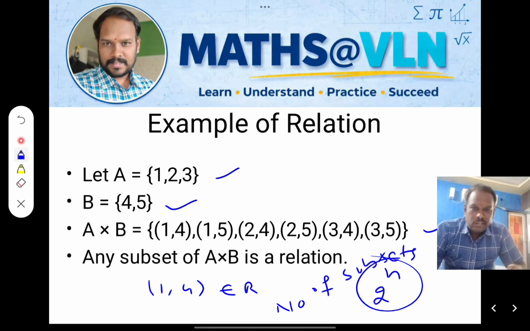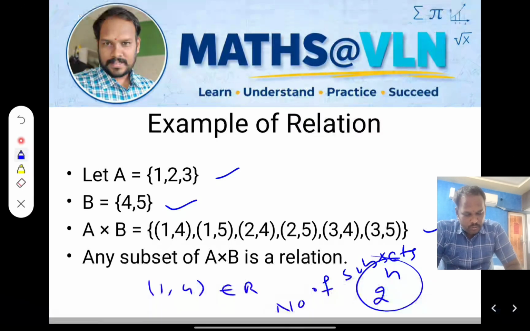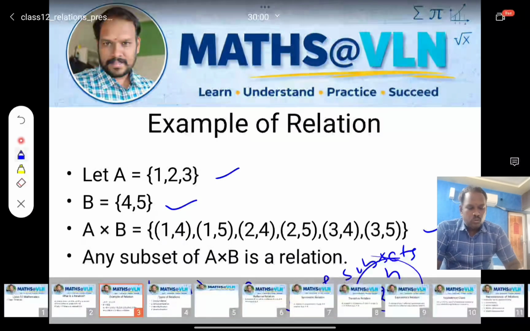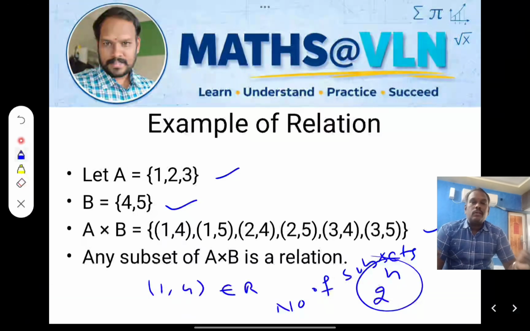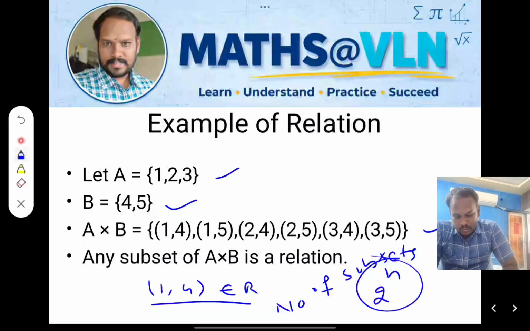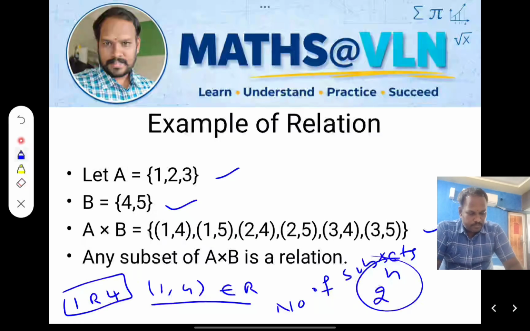The number of elements in A cross B. So here 1, 2, 3, 4, 5, 6. So 2 power 6 possible relations we have. In that, we take (1,4) belongs to R. It means 1 is related to 4. We can also write it like this.